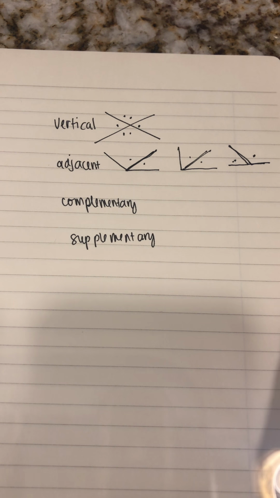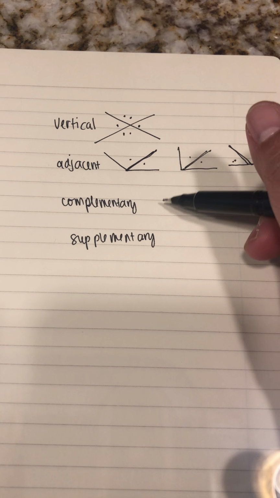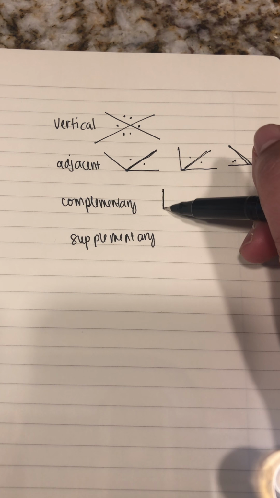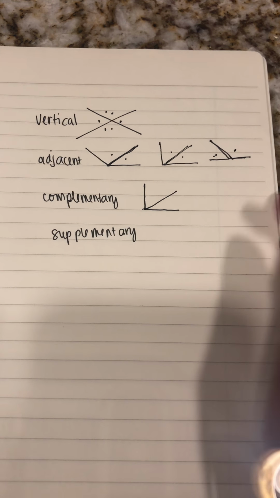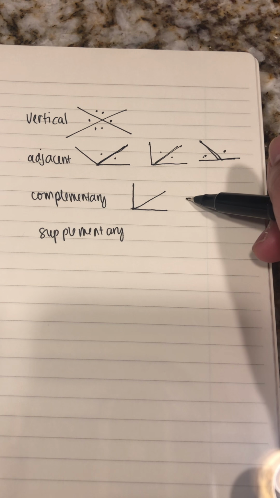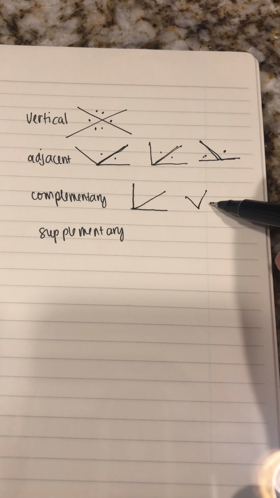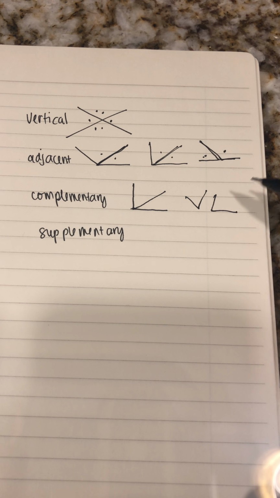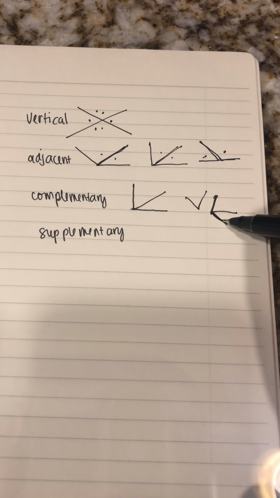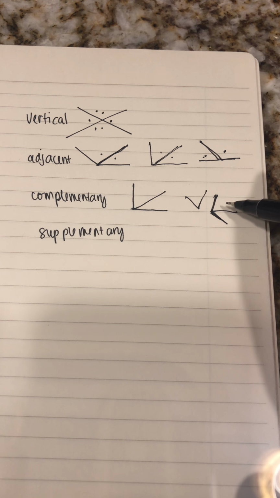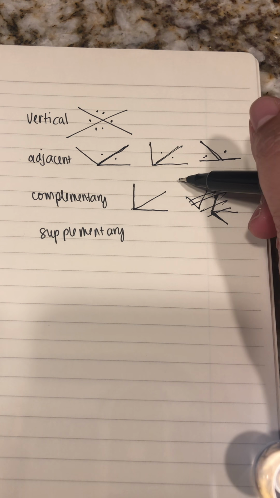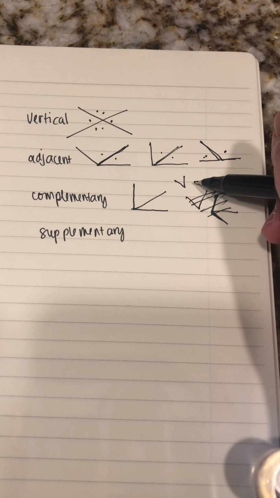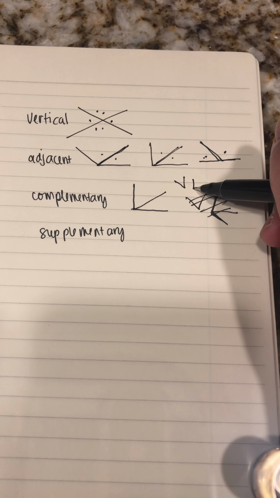Okay. Now, complementary, they could be adjacent, okay? Or they could be separate from each other. So let's say I have 2 angles here and another angle here. Another angle here, and then another angle here.